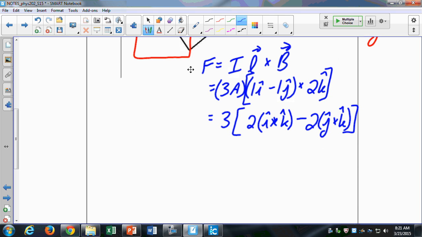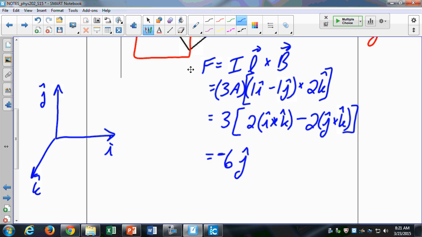Alright, what is i cross k? Is it positive j? I never know. I always have to draw my coordinates. I have i, j. Some of you might be able to do this in your head. I cannot. i cross k, i is negative j. So this is negative 6j.